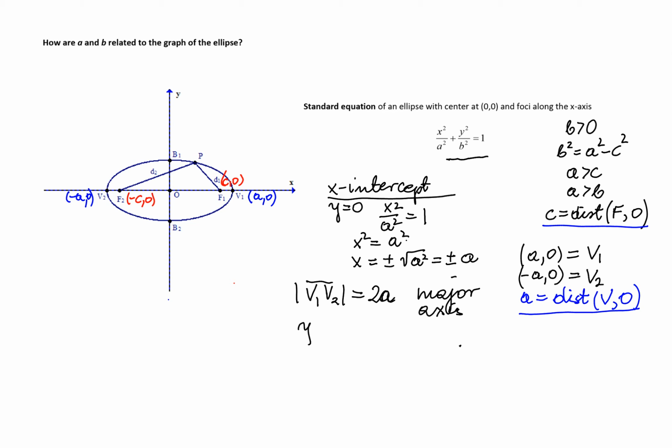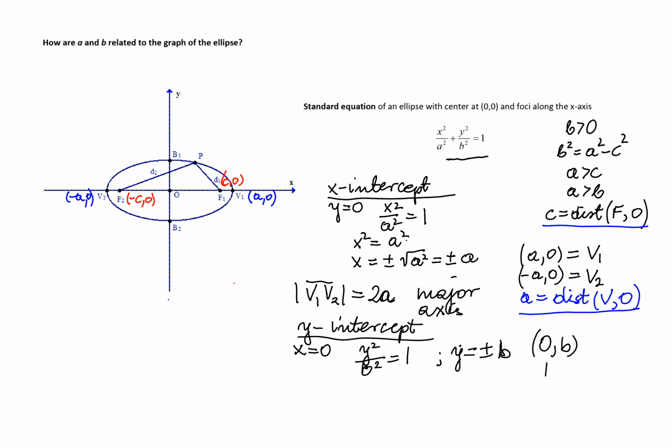Now, as for the y-intercepts, we'll proceed in a similar way. We'll set, this time, x equals 0 and solve the equation for y. And the equation will be, as before, y squared over b squared is equal to 1, which will give us the values y equals plus or minus b. And therefore, the y-intercepts are (0, b) and (0, negative b).